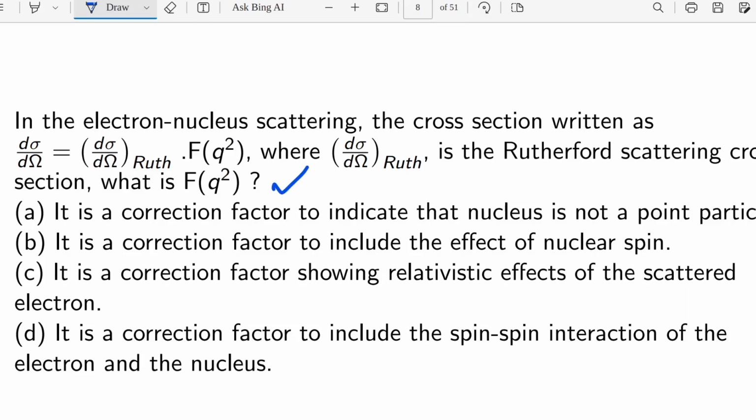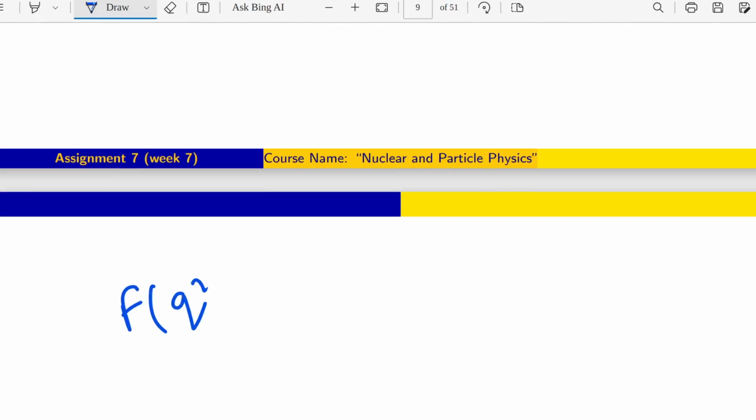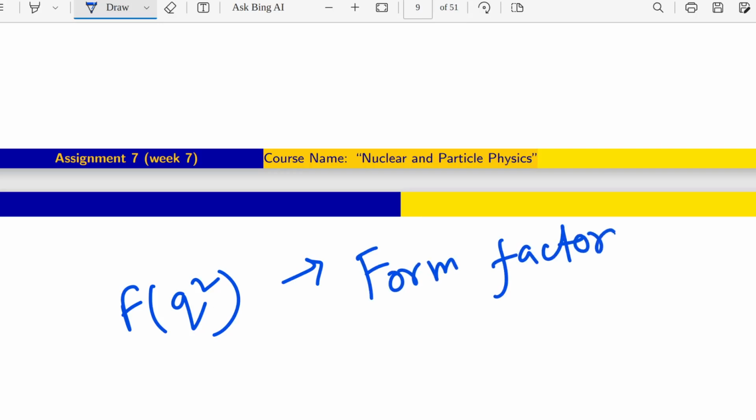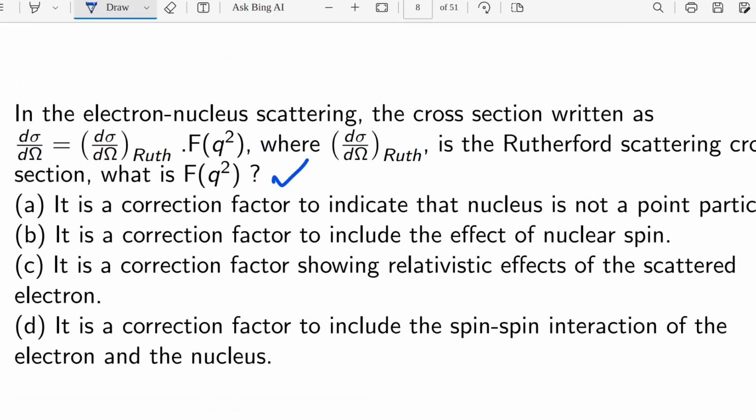So what is f(q²)? It has a name: it can also be written as the form factor. So form factor means what? This is a function of q². From that notation you can see that f is a function of q², and q² is what? This is the transfer momentum, right?